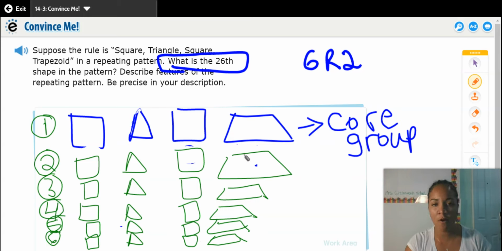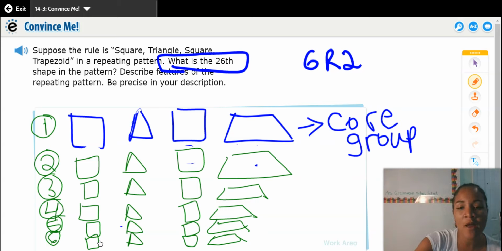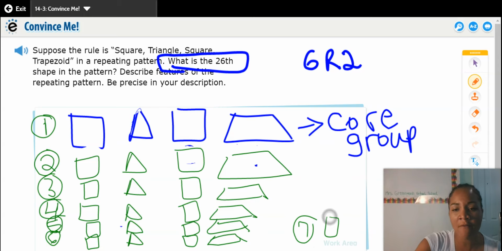1, 2, 3, 4, 5, 6, 7, 8, 9, 10, 11, 12, 13, 14, 15, 16, 17, 18, 19, 20, 21, 22, 23, 24. So that gave me 6 even times that I can repeat my pattern. But if I wanted to repeat my pattern a 7th time, I would only have enough to go 25, 26.